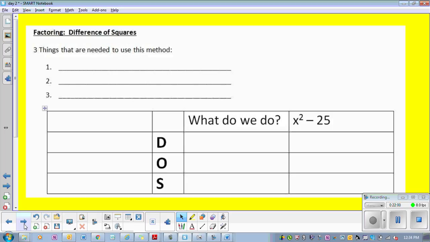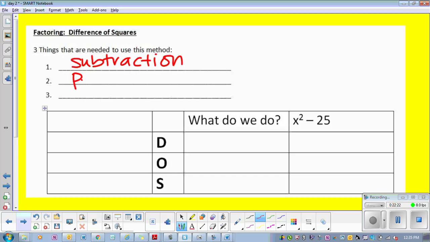Because it says difference, right? So you need them to be subtracting. Your 2 terms have to be subtracting because it's a difference, right? Difference of what? Squares. Oh, so perfect squares.